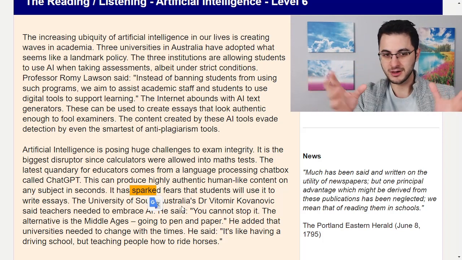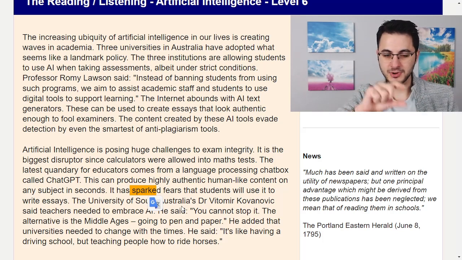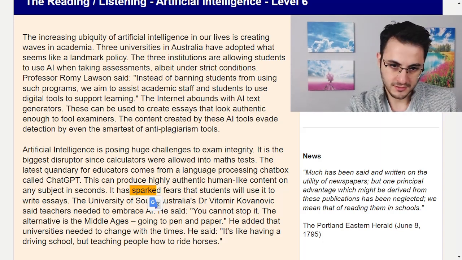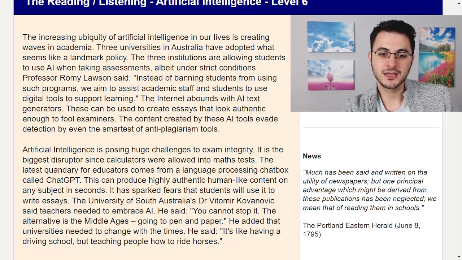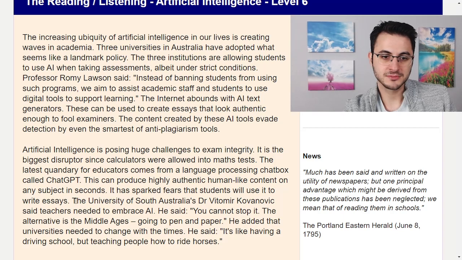But you don't see the fire yet. Those red dots are sparks. So spark fears means start fears. So here we can understand it as start. So it has started fears that students will use it to write essays.